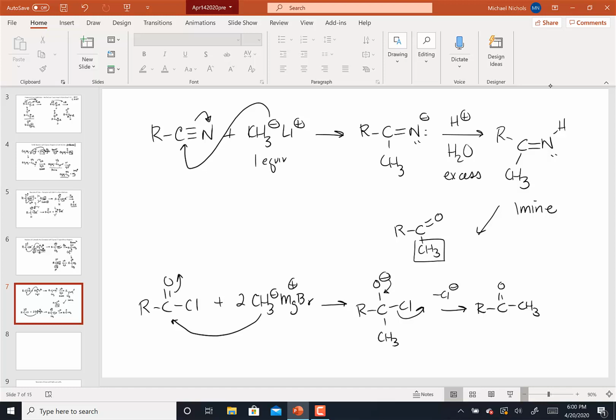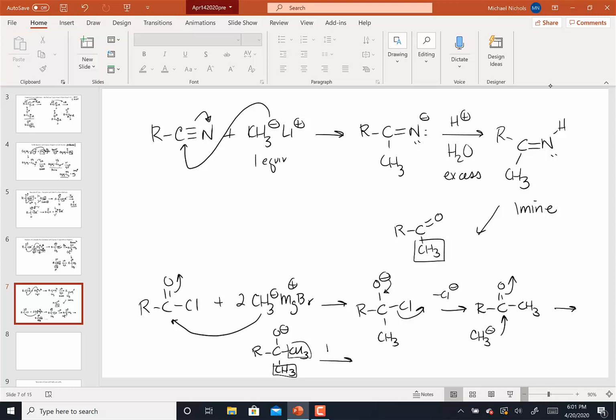Now again, I need 2 equivalents of this, because this ketone now will react with another equivalent of organolithium or Grignard, so that I will now end up with my alkoxide with 2 equivalents of my Grignard methyl group added. At this point, once that second equivalent adds, there's nothing I can do.